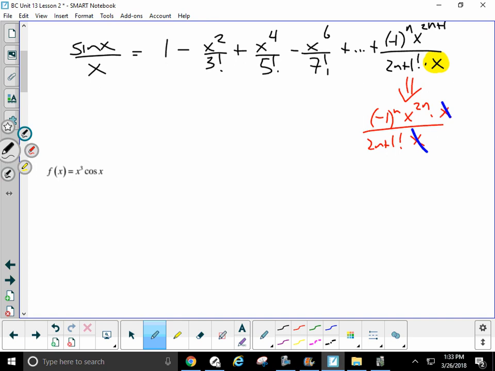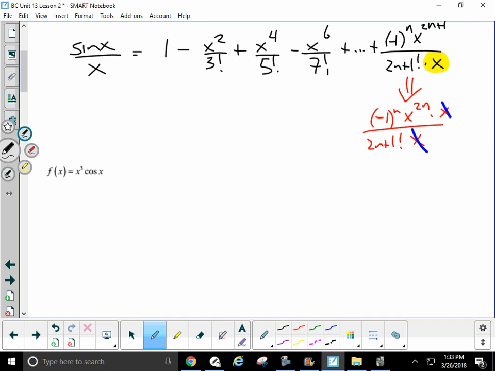You should be able to create the Maclaurin series for cosine of x pretty much right off the bat. What I think of is that sine, cosine, e to the x are all very similar. e to the x includes all the terms, they're all adding. Sine and cosine, since the derivatives alternate in sign, I know they're going to alternate in sign.